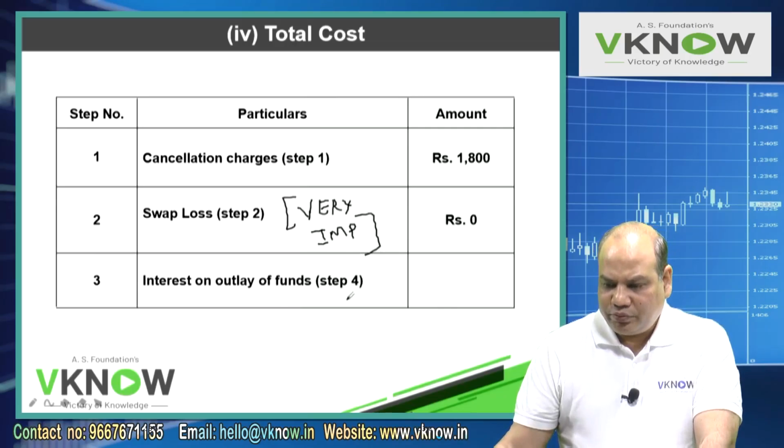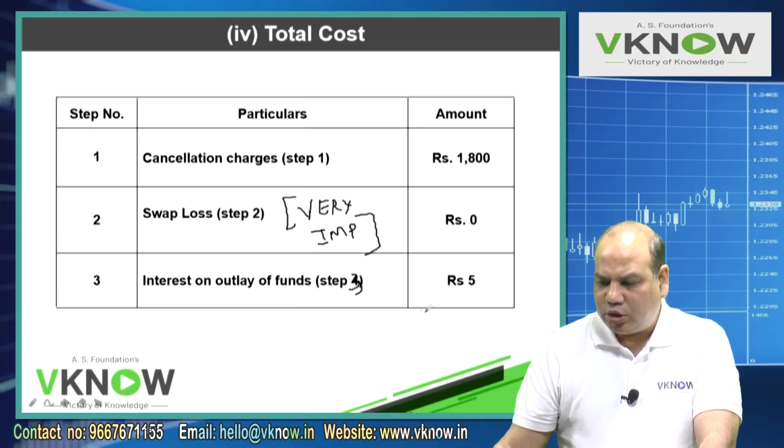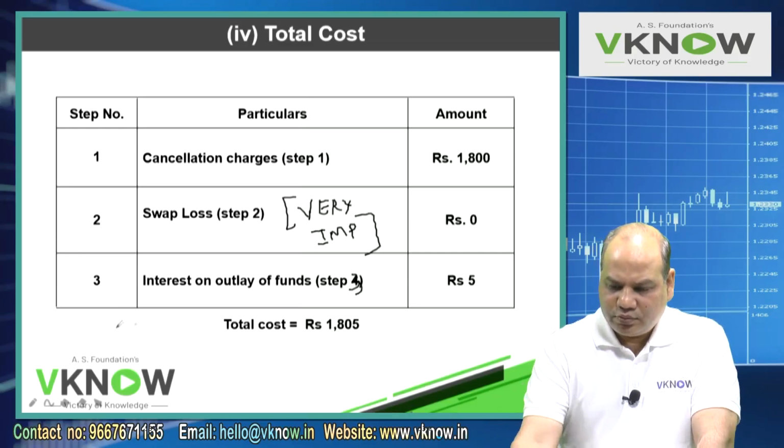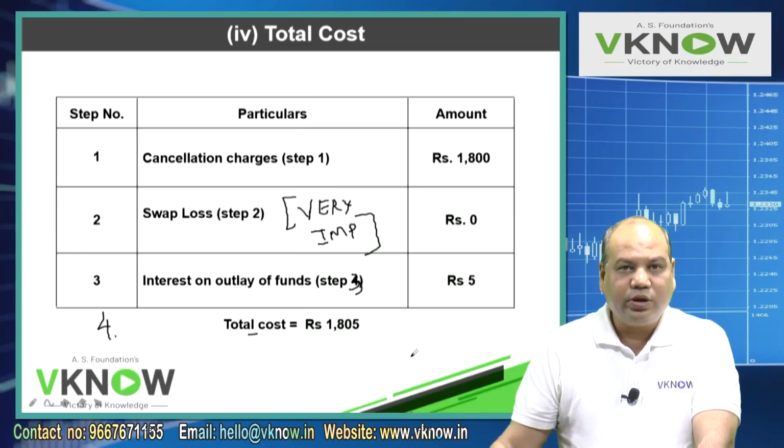Step number 3, interest on outlay of funds, 5 rupees. Point 4, total cost 1805.